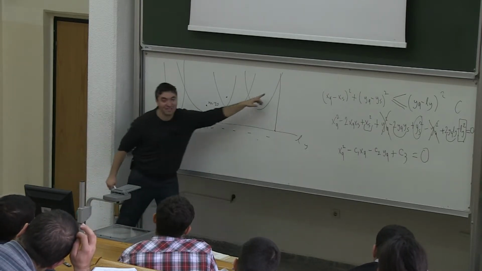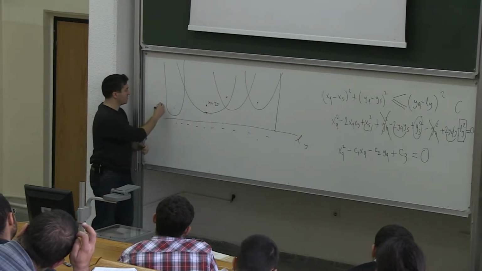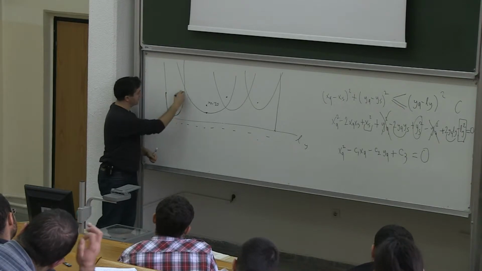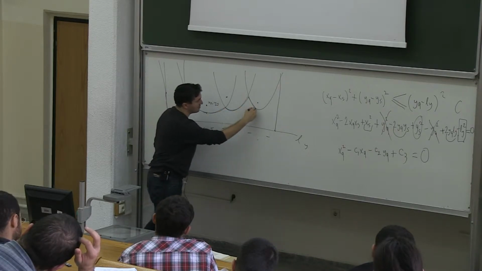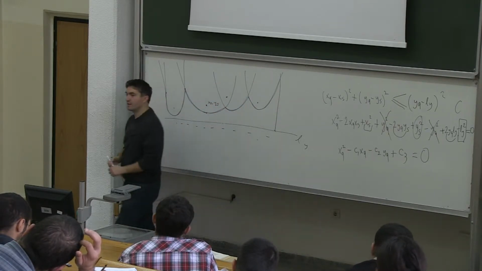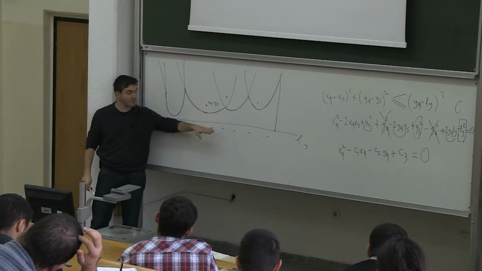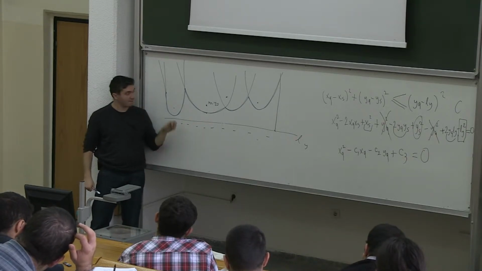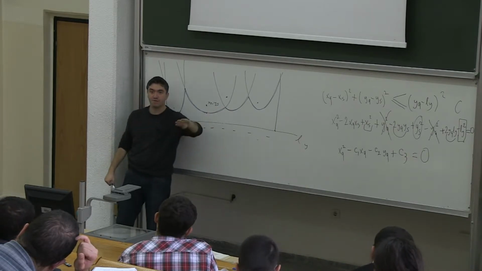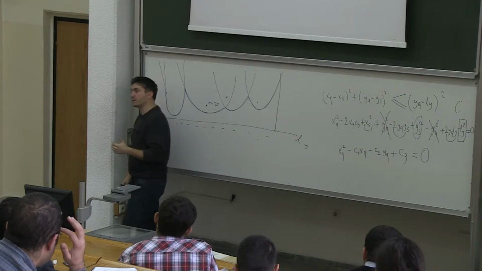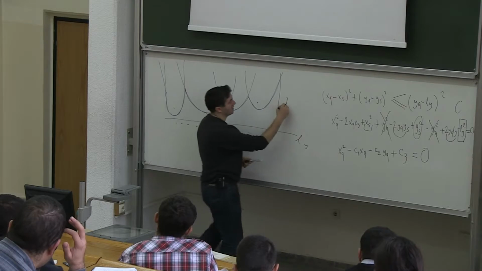If you think about these like waves, if we take the parts of the parabolas which are closest to the sweep line, we get a shape like this, a sequence of arcs. And in Fortune's algorithm, this is called the beach line.